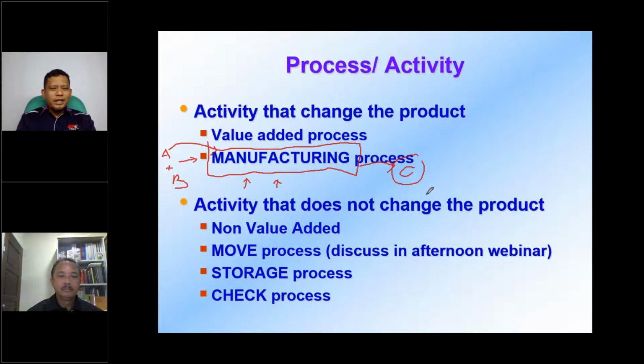So this process we normally identify as a move activity, or move process. Another move process example is from the warehouse, you bring it to the front of the reactor, and then you charge it to the manufacturing process. That is a move process.